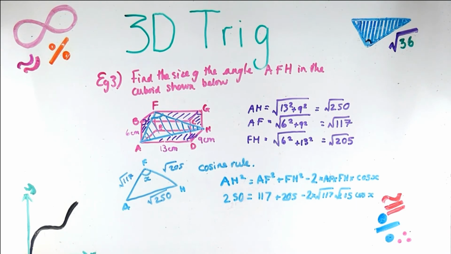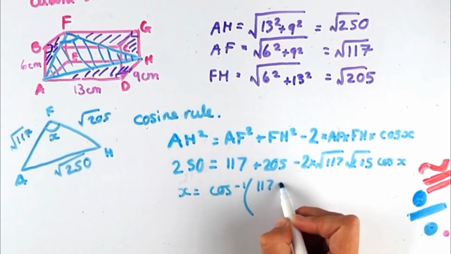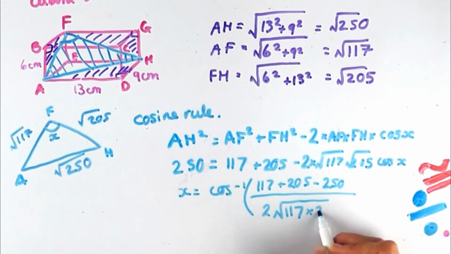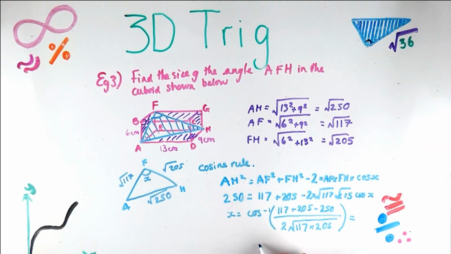And then you've got to rearrange to find x. And that gives you an answer of 76.6 degrees to 1 decimal place.